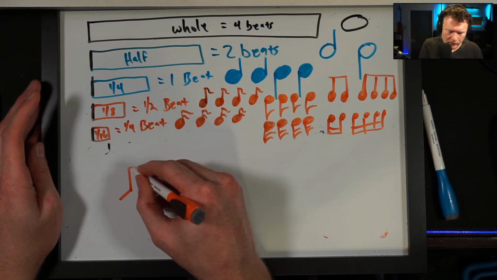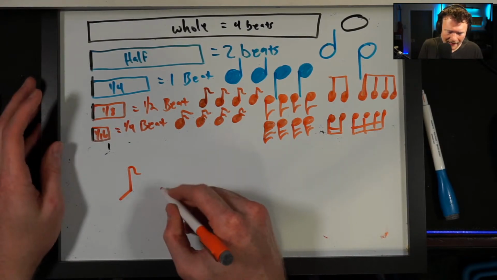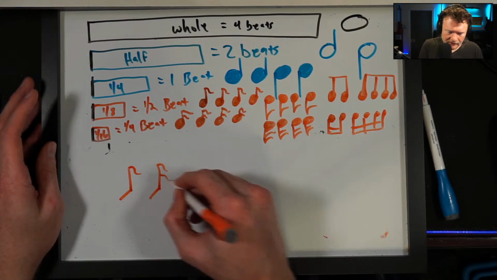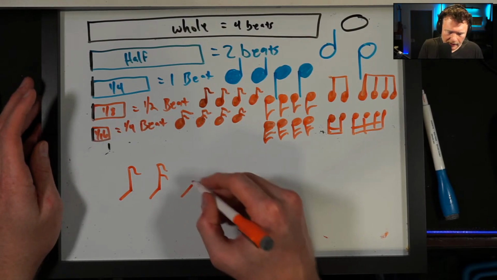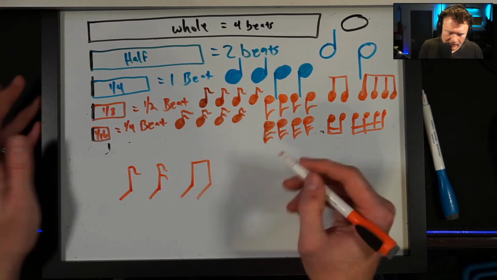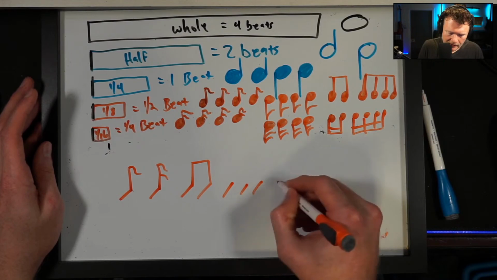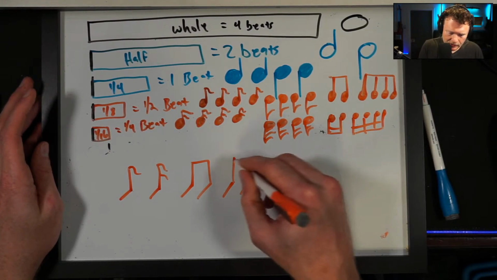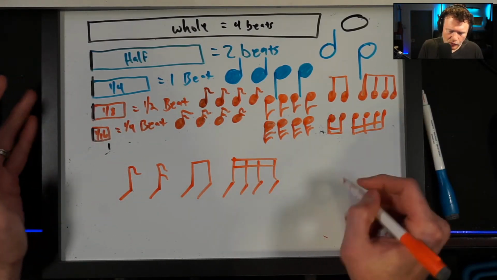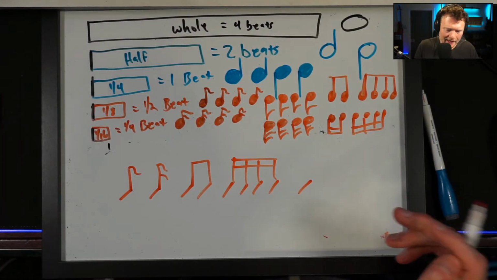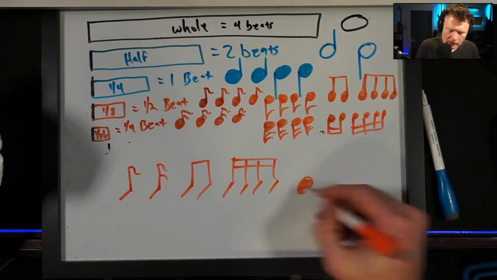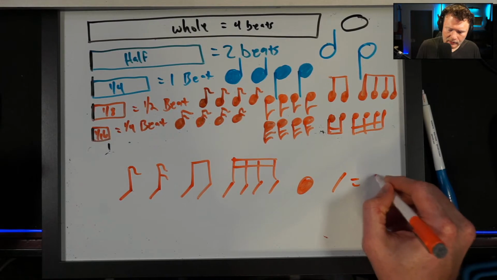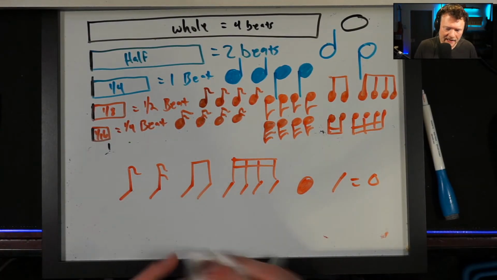So my eighth note, I would do like that. 16th notes, if I'm tying them, it's going to be like that. It's a little bit easier to write a rhythm like that, where you're writing a slash instead of a circle. So if you see a slash, it equals a circle. Okay, they're the same thing.